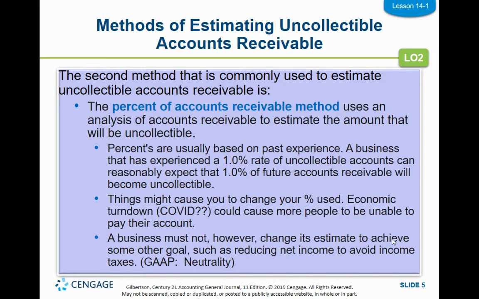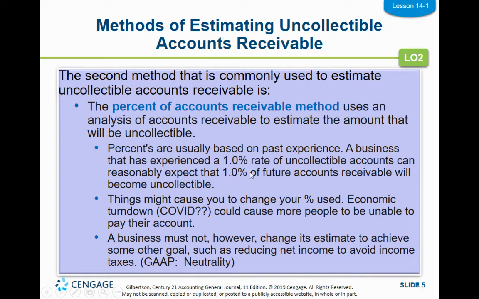Like COVID, nobody knew a year ago that we were going to have this pandemic and that our businesses were going to be shut down for 3 months, and then the hours were going to be regulated, and the number of people that can be in your store and your business and that kind of stuff. That was completely out of the blue, something we couldn't plan for, but you have to react to it. And so that could be something that might change the percentage that you use.